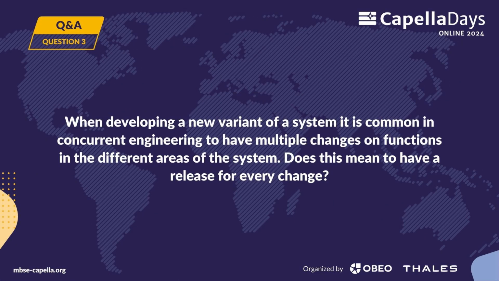Thank you, Olivier. Next question. When developing a new variant of a system, it is common in concurrent engineering to have multiple changes on functions in the different areas of the system. Does this mean to have a release for every change? We didn't address these aspects concerning the management of variants. We are exploring more the feature filtering add-on to manage variability in the models, or the pure::variants add-on.